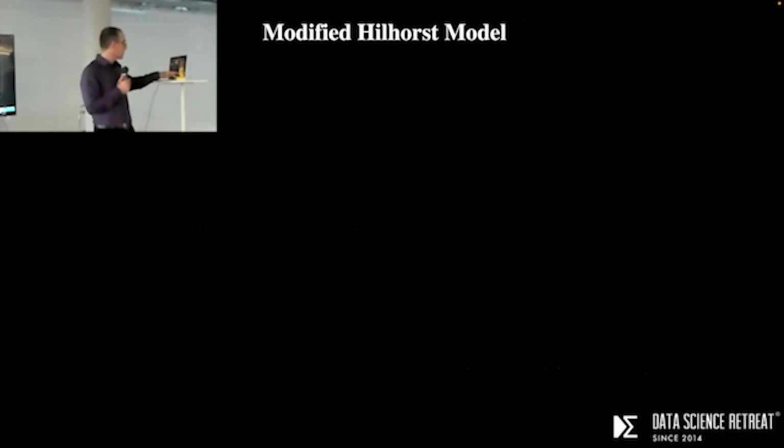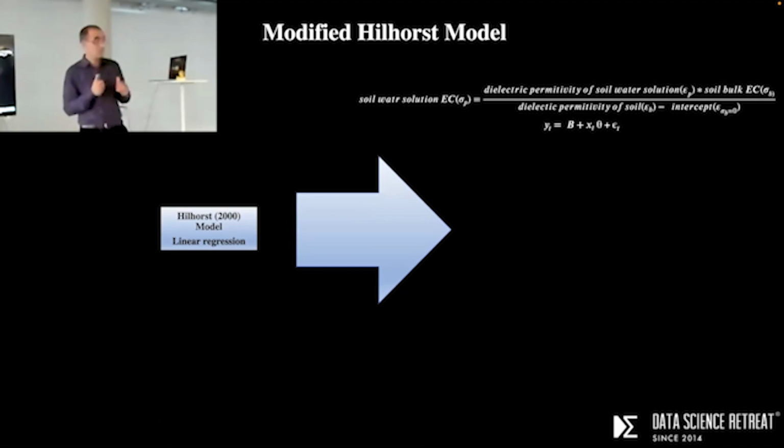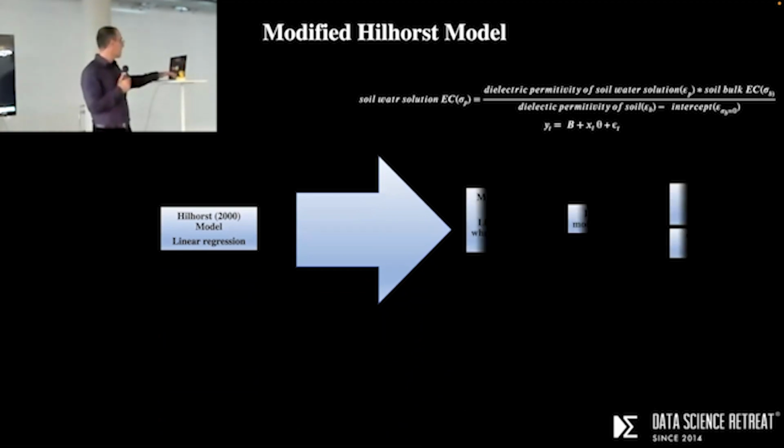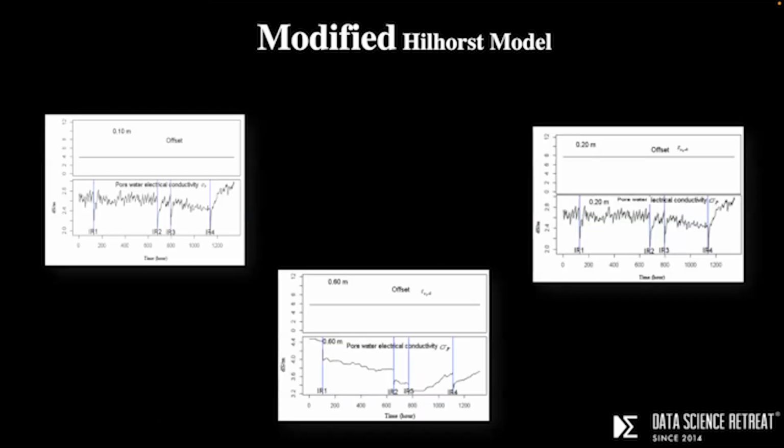Since our data is a time series, what we did is convert this simple linear regression to a dynamic linear regression. That means the coefficient changes over time. And in this equation, the coefficient is the salinity. In that case, we can estimate precisely the salinity. We can see here the coefficient of this linear regression, and when we let the coefficient vary in time, we can see the salinity changing over time.